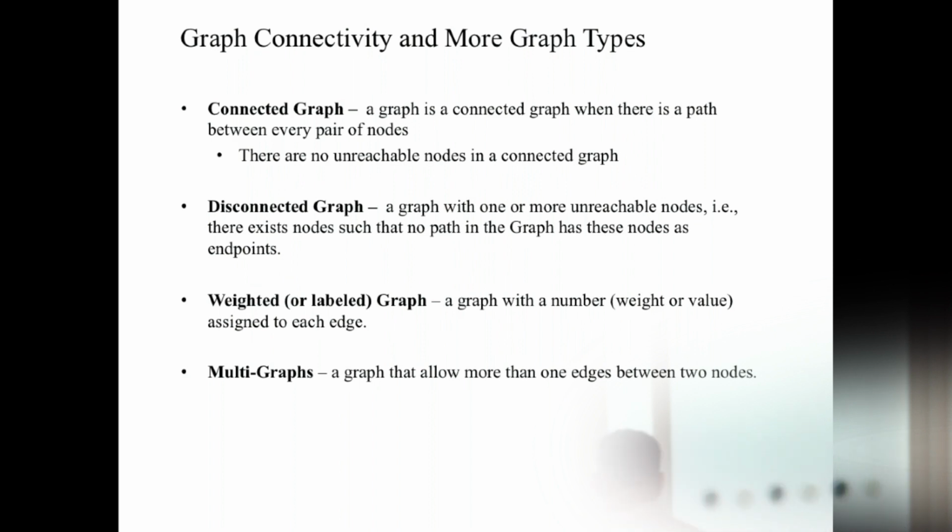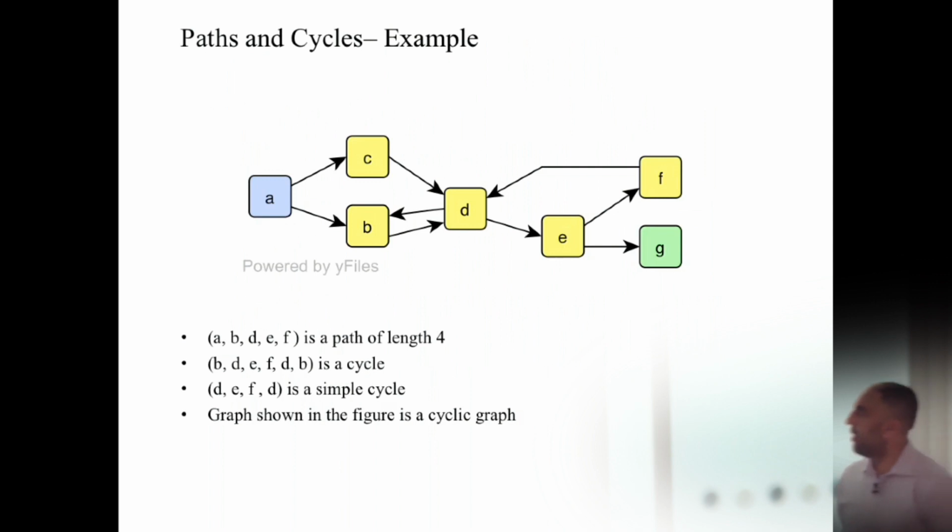So let's look at the example over here in the back. If you want to check if it's a connected graph or not, then you have to test it for every node, that from node A there must be a path to all the other nodes.